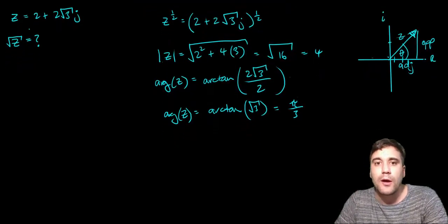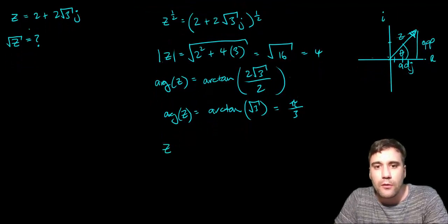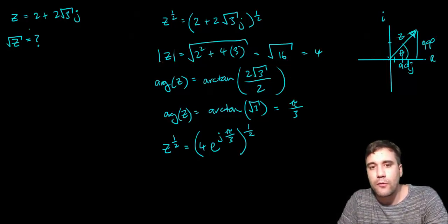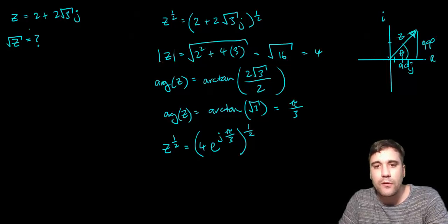So now finally we can rewrite this: z is equal to the magnitude, which is 4, e to the j pi on 3. Now we are going to raise that to the half power, because we remember we're taking the square root of z, and this thing inside the parentheses is z.